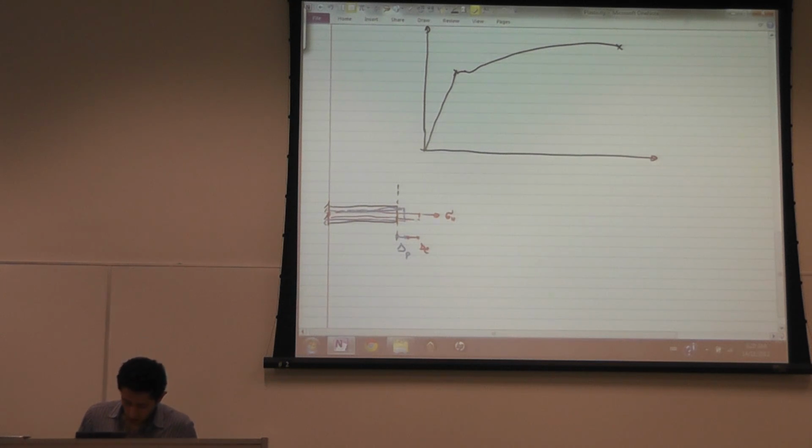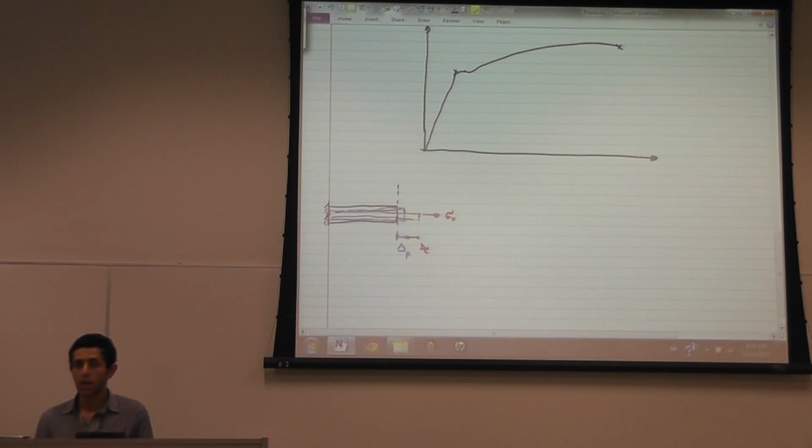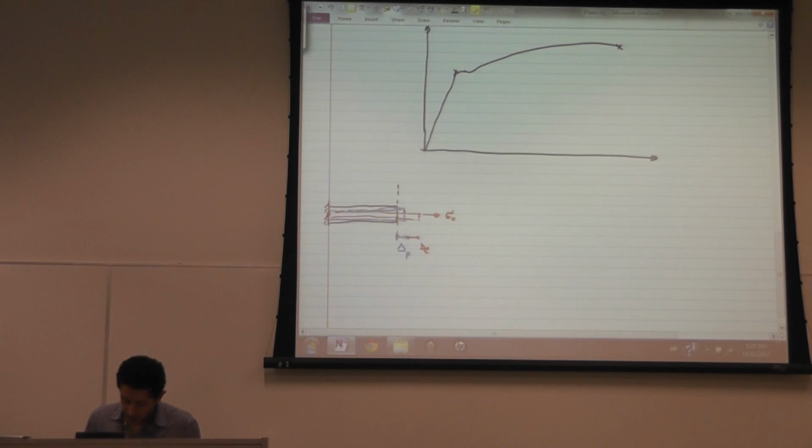Now, from this point to this point, all I need to do is apply that value of sigma 1, and then remove that sigma 1, and I'm going to be able to elastically deform that specimen from this point to this point. So first I apply sigma 1. So on the curve, it will look like this. Let's say I'm at this point.